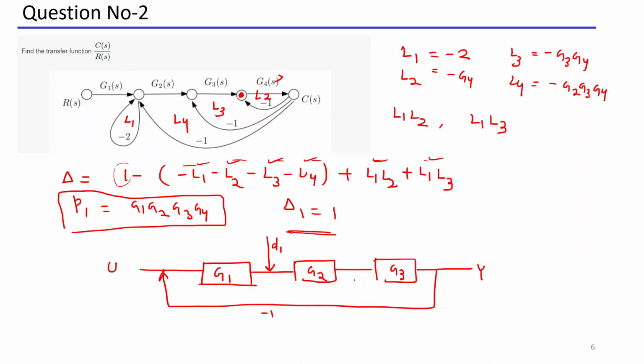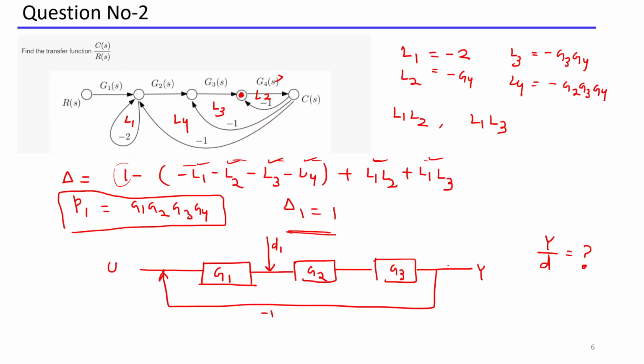Suppose in this question somebody asks you to find the output Y with respect to the disturbance input D. Then how do you solve this question? What is the idea of solving this question? Sir, at a time we take one.